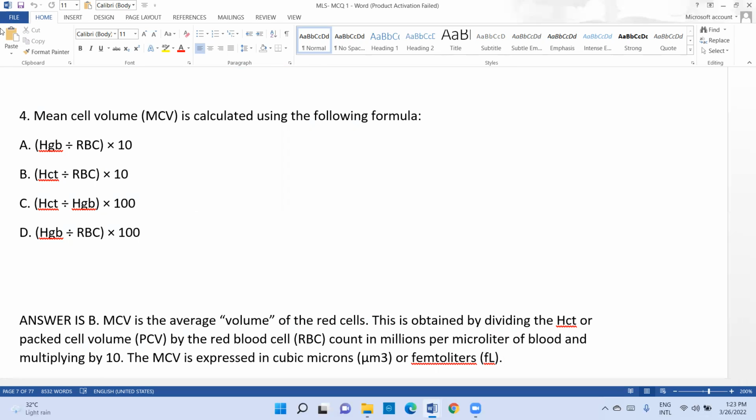So exclude all the answers with hemoglobin. A and D are about hemoglobin. So we have only 2. C also has hemoglobin. So the answer is this one: HCT divided by RBC.